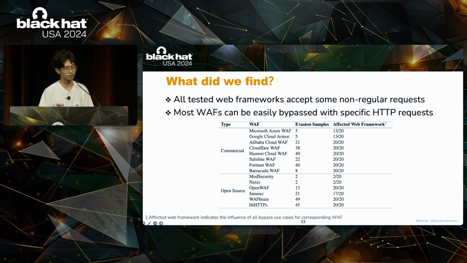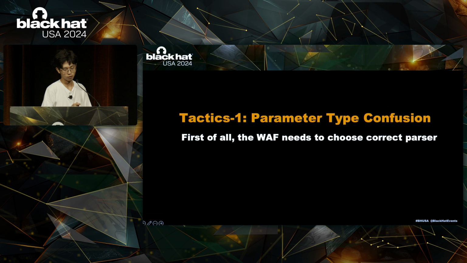After manually analyzing these evasion cases, we summarize three protocol-level WAF evasion tactics named parameter type confusion, malformed parameters, and RFC spec gap. Let me show how these tactics help us to bypass the WAF. First of all, the parameter type should be identified correctly to help the WAF extract the same parameters as the web application does.